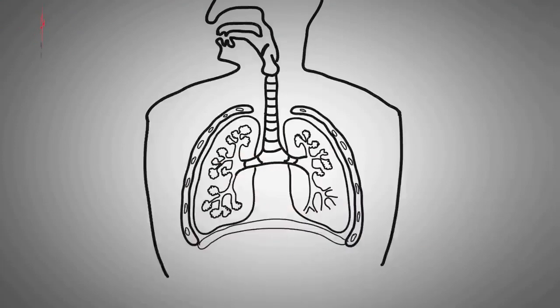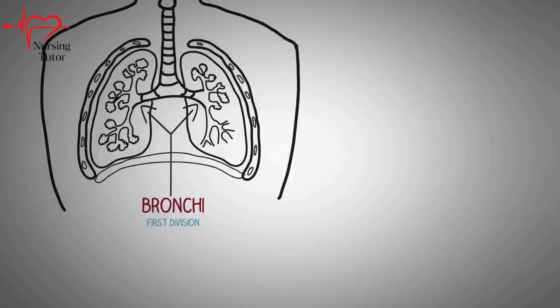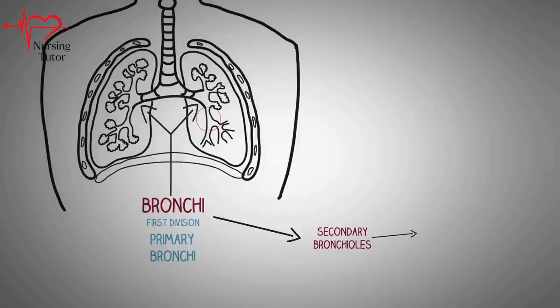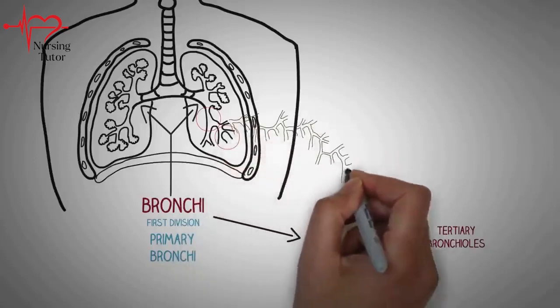The trachea then divides into the primary bronchi. Now this is called the primary bronchi because it is the first division of the trachea. The primary bronchi then divide into secondary bronchioles, and then the secondary bronchioles divide into the tertiary bronchioles. Now what happens next is that these tertiary bronchioles again divide for about 20 divisions to form the conducting bronchioles.